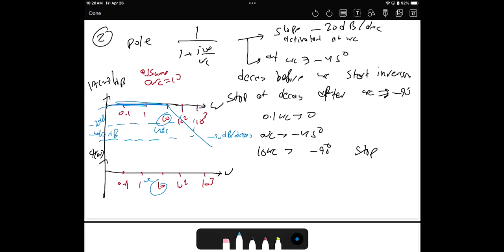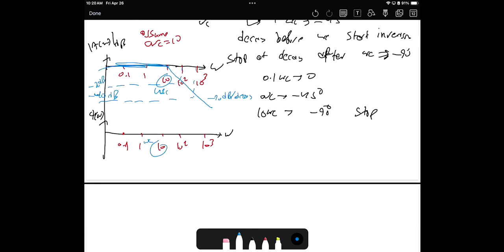Okay? Does this make sense? Again, the slope is negative 20 dB per decade. Whenever you move from omega c to 10 omega c, it will be negative 20. To 100 omega c, negative 40, and so on. It's like a linear relationship, but when you use the log. How about the angle? At omega c it will be negative 45.